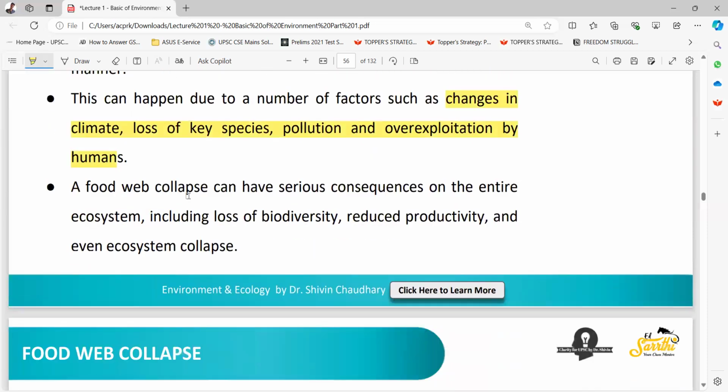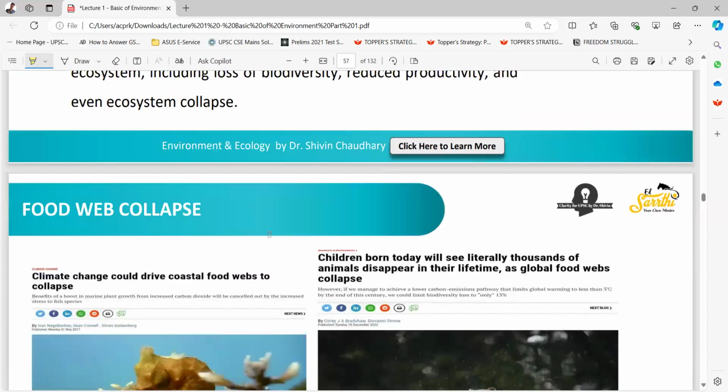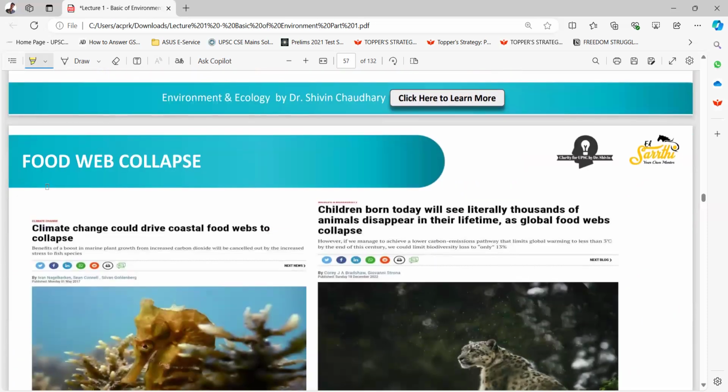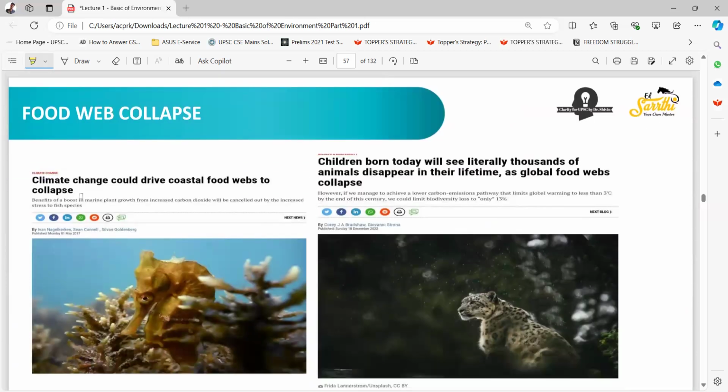A food web collapse can have serious consequences on the entire ecosystem, including loss of biodiversity, reduced productivity, and even ecosystem collapse. Climate change could drive coastal food webs to collapse. Children born today will see literally thousands of animals disappear in their lifetime as global food webs collapse.